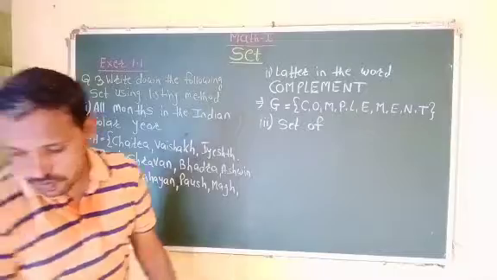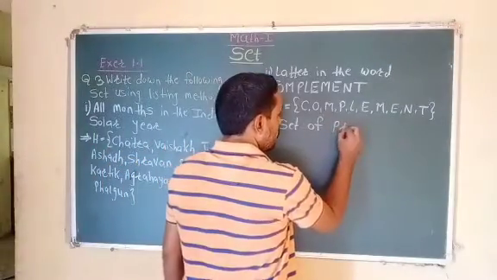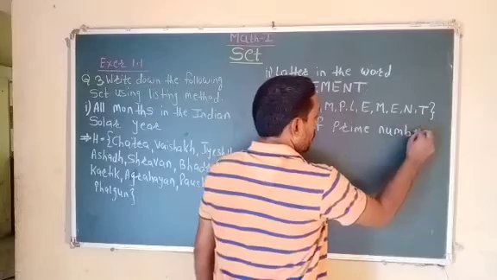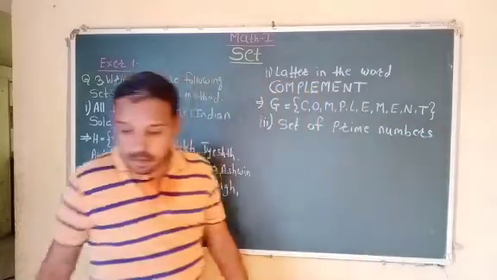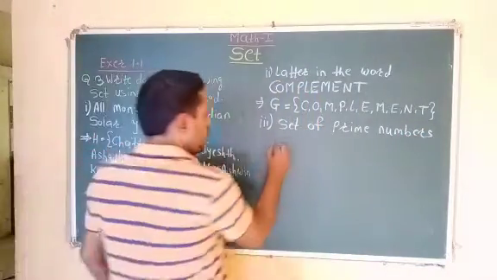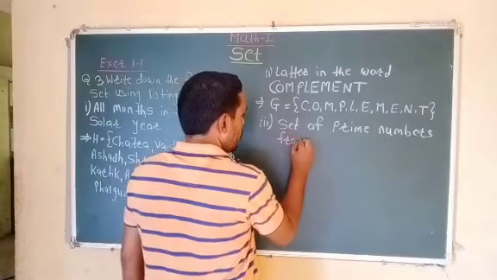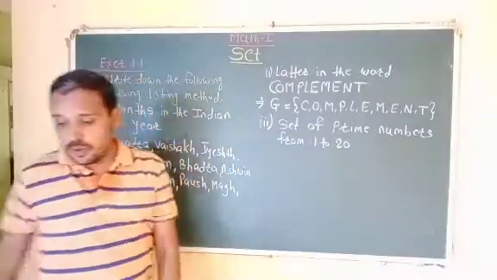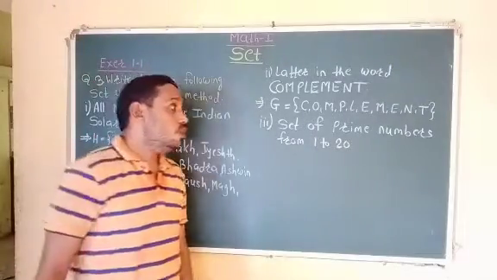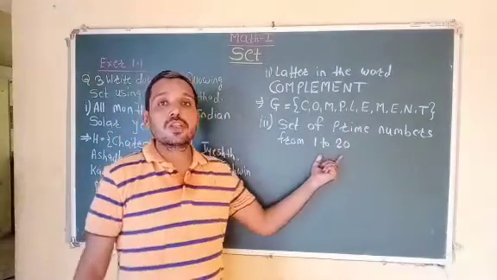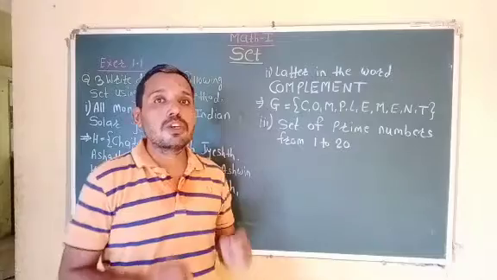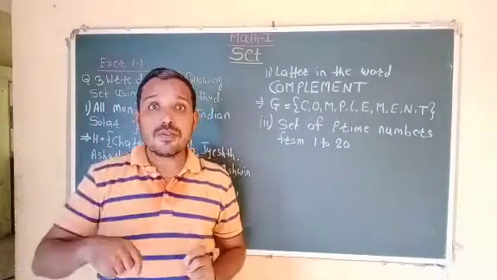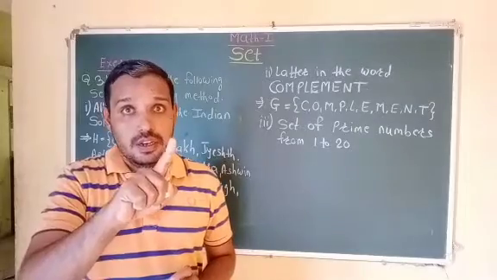Set of prime numbers from 1 to 20. Which prime numbers are in between 1 to 20? So what does prime number mean?